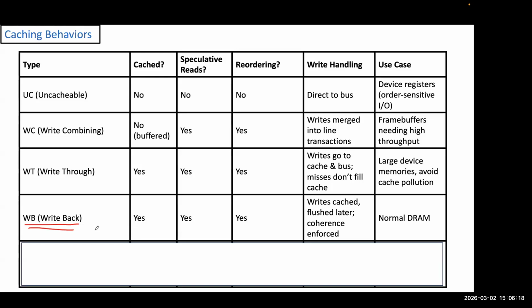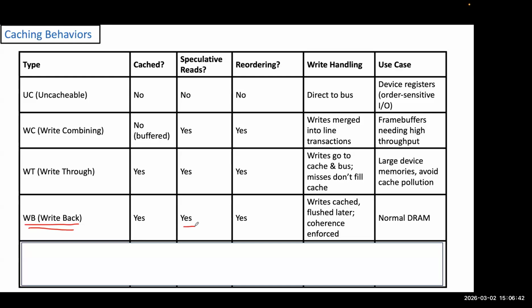Let's say you have a three level hierarchy and L3 is inclusive. When you read the data from the memory, a copy will be placed in L3, then in L2, then in L1, and then it will be provided to your logical core or to your pipeline, right?